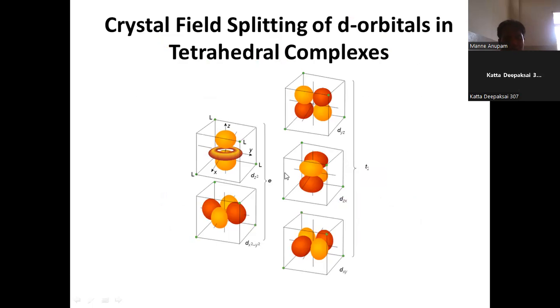Okay, till now we have studied the crystal field splitting of octahedral complexes.